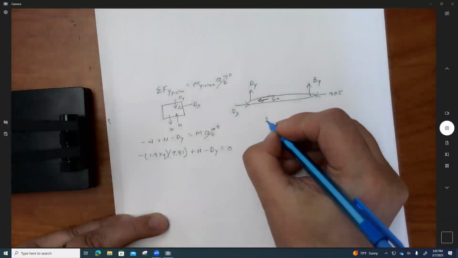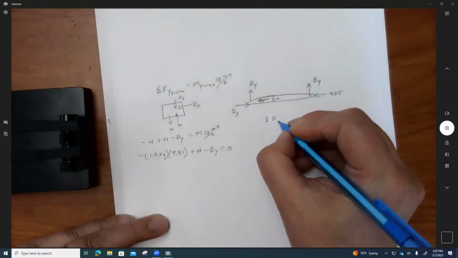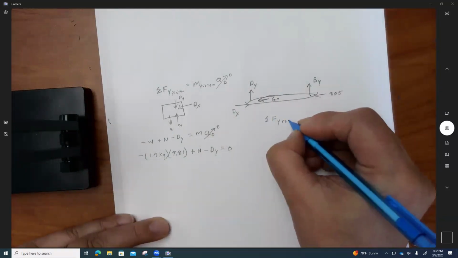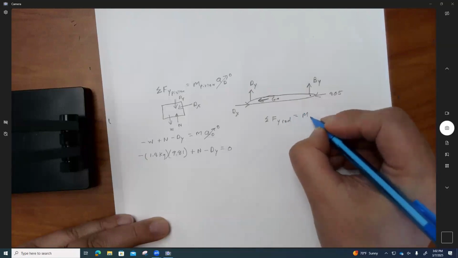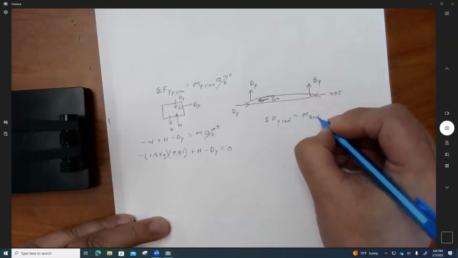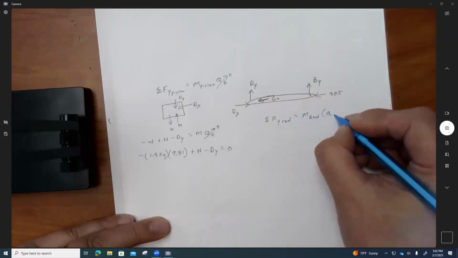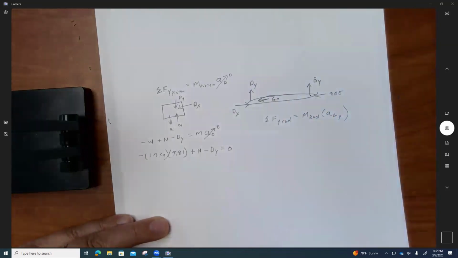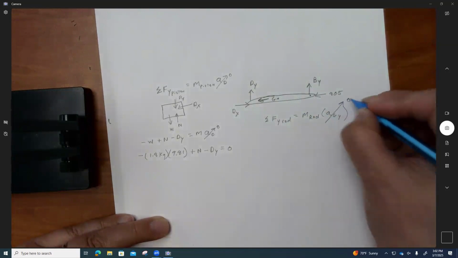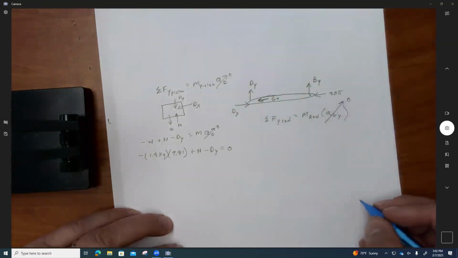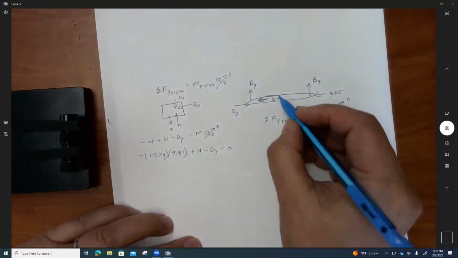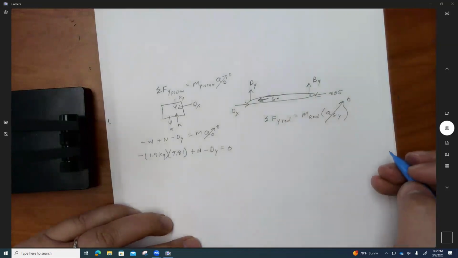So we could sum the forces in the y direction for the rod, and that's going to equal the mass of the rod multiplied by the acceleration of the center of mass in the y direction, which is going to be 0. The only thing working on this rod in the y direction is going to be gravity.